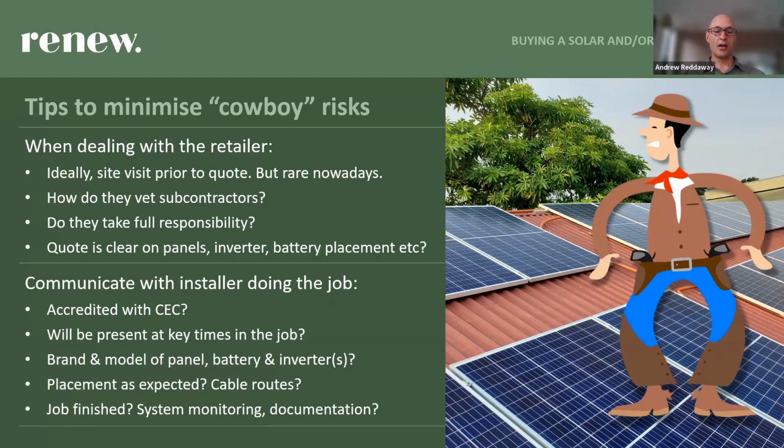Double check what brand and model of panel, battery, solar inverter they're going to be installing, and that matches what was promised to you by the retailer. If it doesn't quite match, it's probably just because the retailer was selling you the December model, and now the installer's installing in January, and it's a slightly updated model.